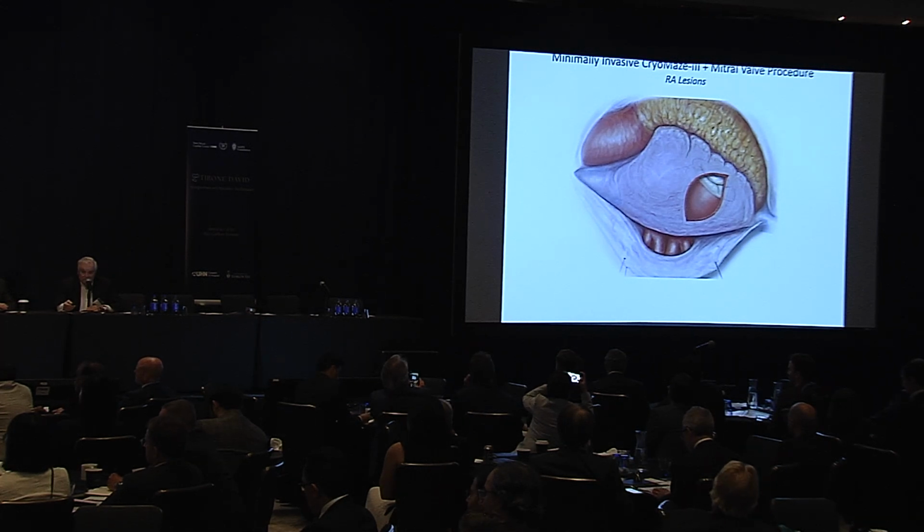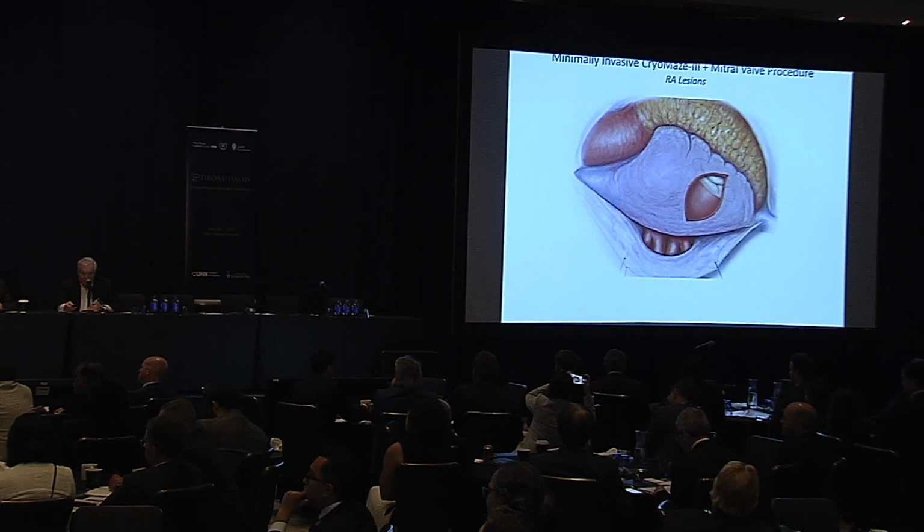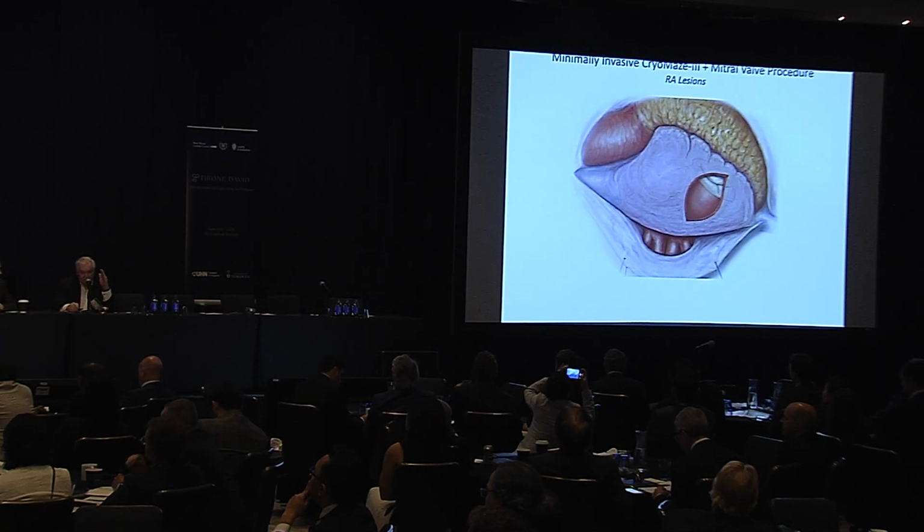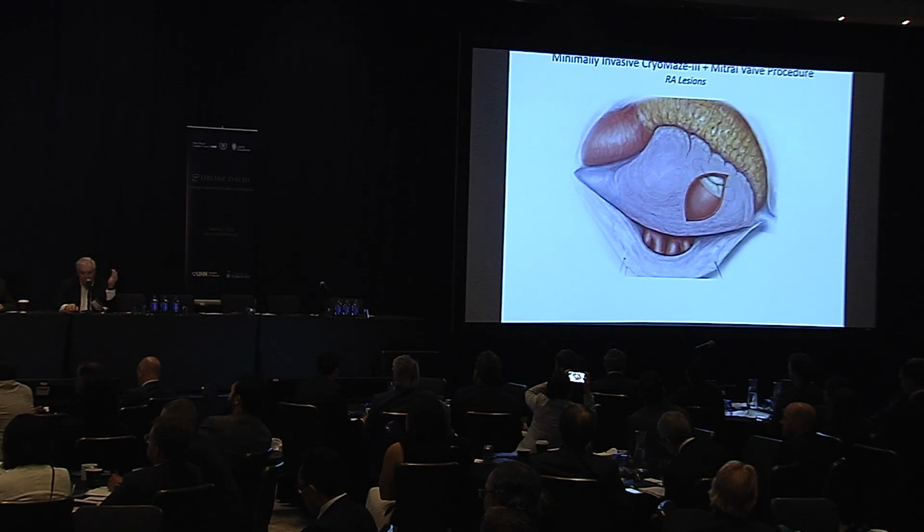But on the right side, my criticism of the way most people place this right atriotomy is they put it too high and too vertical. The fibers of the right atrium in this area are diagonal, and I don't like crossing those perpendicular.